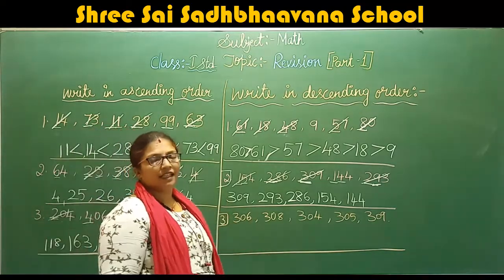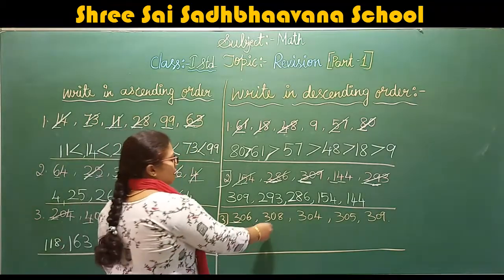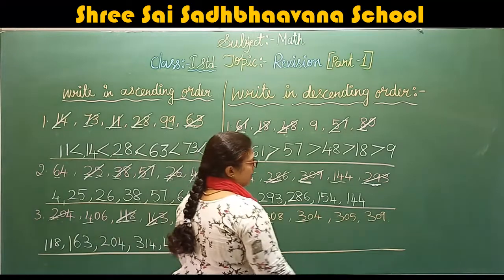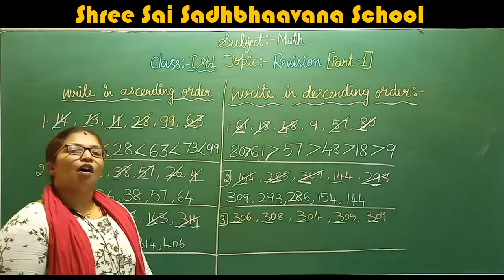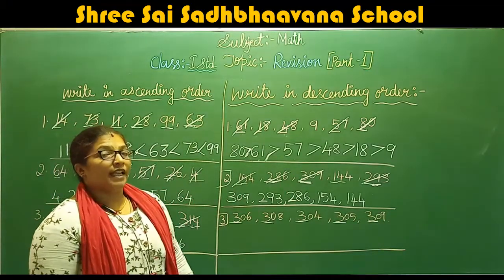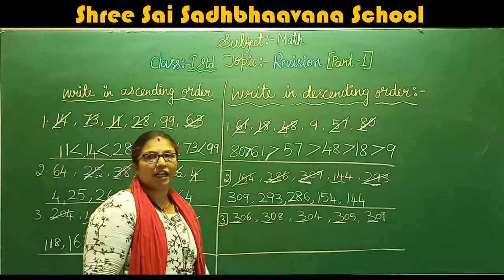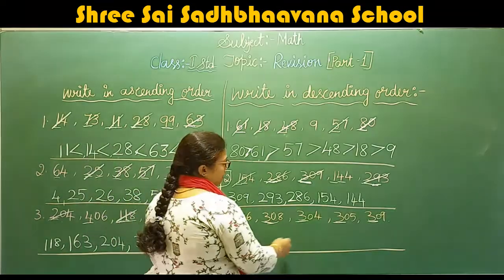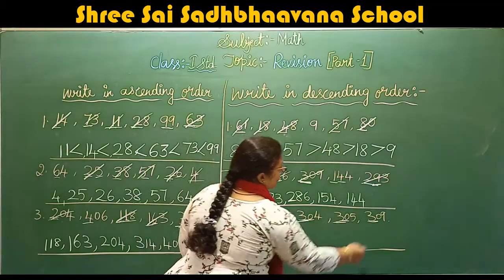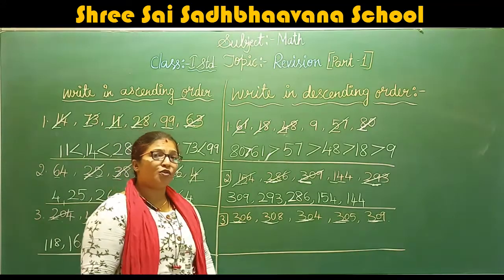Now I took 3-digit numbers again. If we look at the hundreds place number, here it is 3, here also 3, here also 3, here also 3 and here also 3. So how will you say which is the greater number? Next we have to take the tens place number. Here it is 0, and here also 0, here also 0, here also 0 and here also 0. So then what do we have to do?